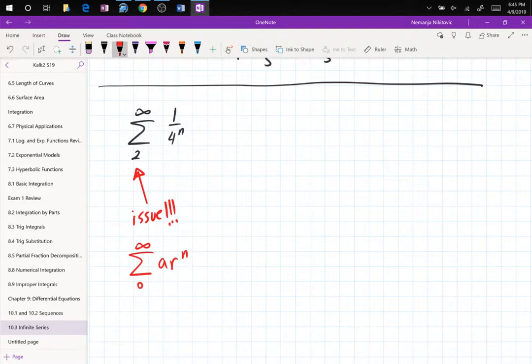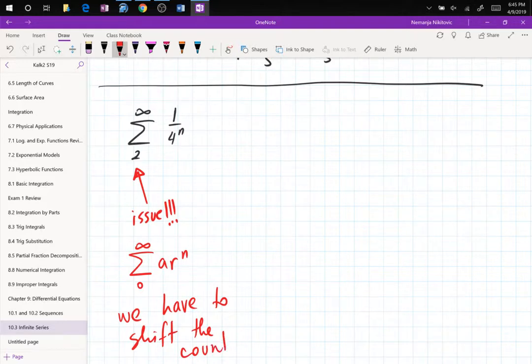So, here in blood, we have to shift the counter. We have to reset that counter to 0. And now what is going to happen is the procedure for that. It's one of those like completing the square and stuff like that. It has steps, right? So you just learn it.